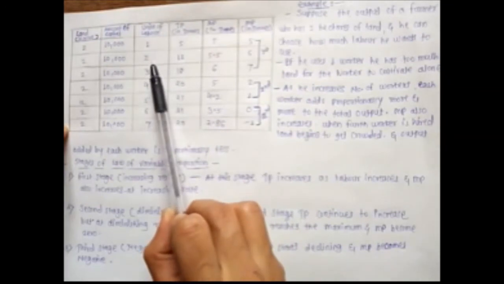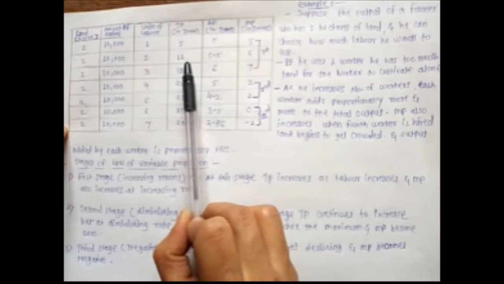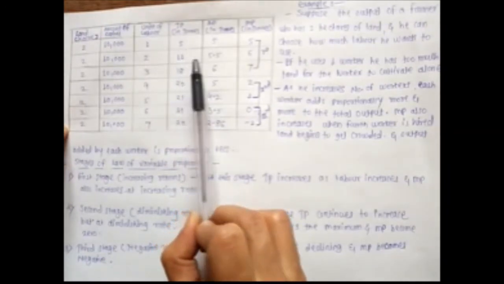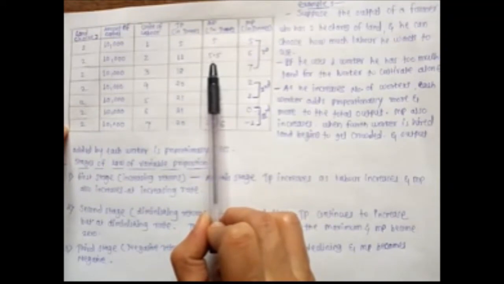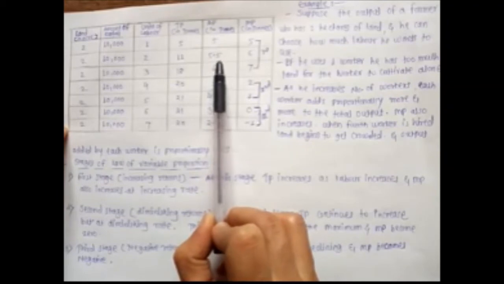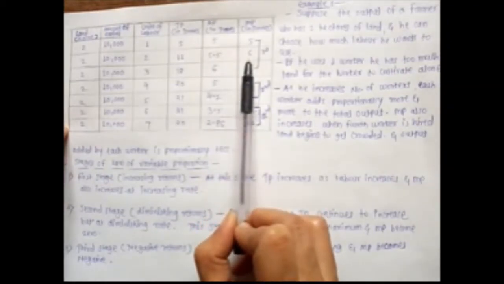When the second unit of labor is employed, the total product increases at an increasing rate. Average product also increases, it becomes 5.5 tons, and marginal product is 6 tons.